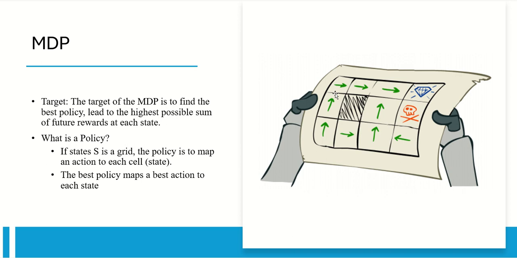This is a grid of size 3 times 4, and there are 12 cells, and each cell represents a state. A policy is just a mapping from state to action, and the best policy maps each state to its best action. Now we assume this is the goal state, and it has a reward of 2. This is the bad state.